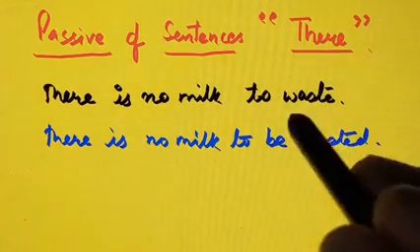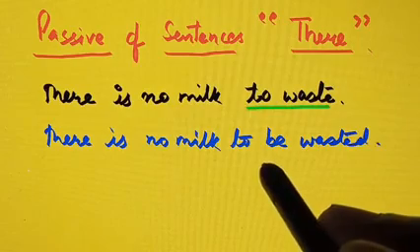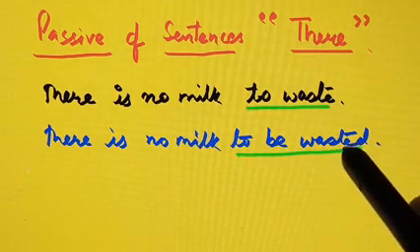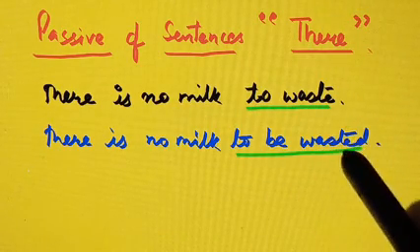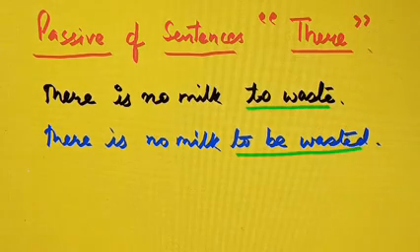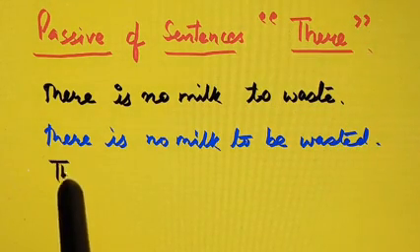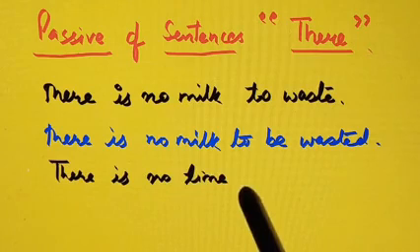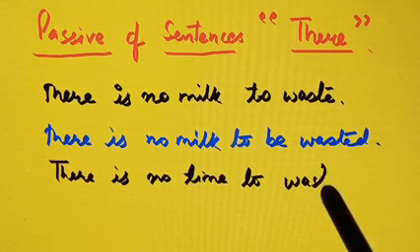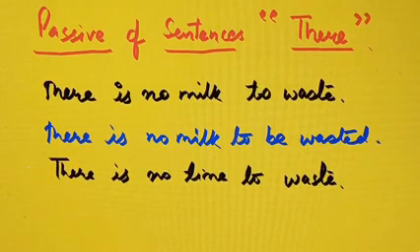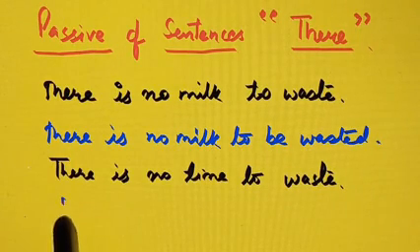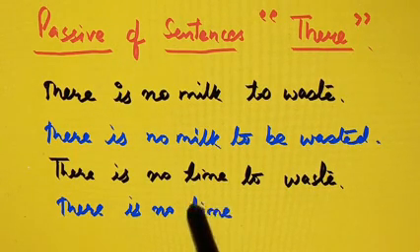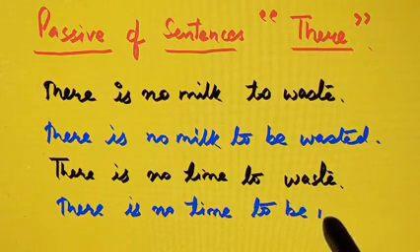At the place of to waste we will just use to be wasted, meaning be plus the third form. Nothing else will be done in such sentences. We will take one more example. There is no time to waste. We easily change the voice: there is no time to be wasted.